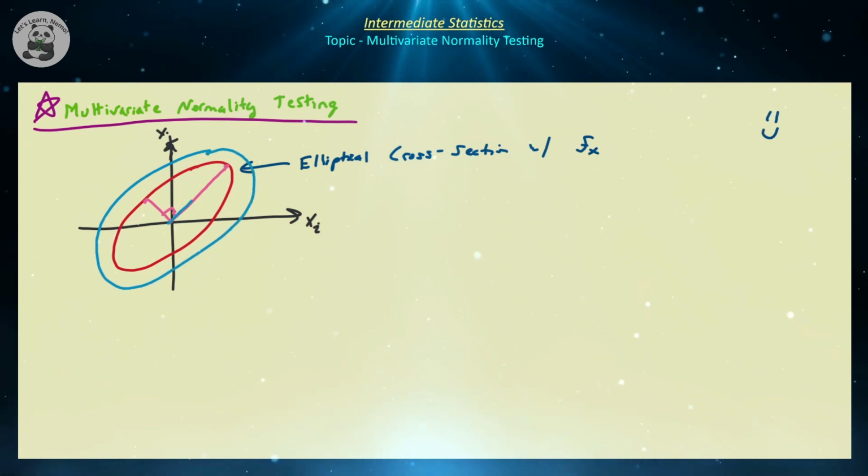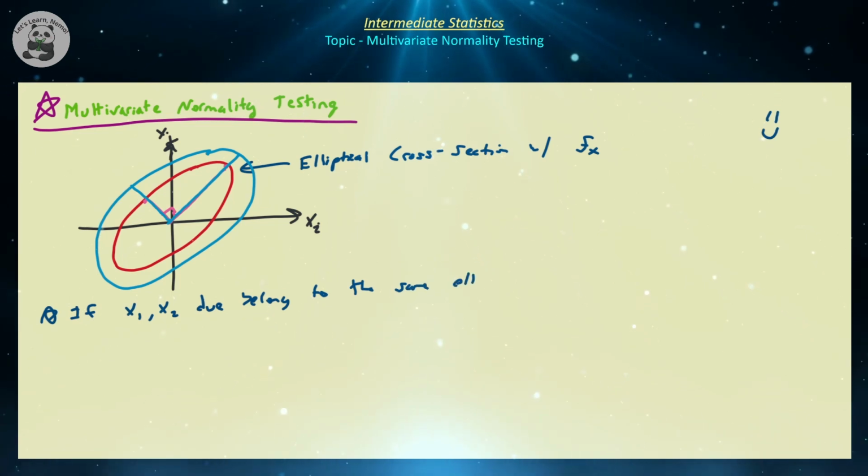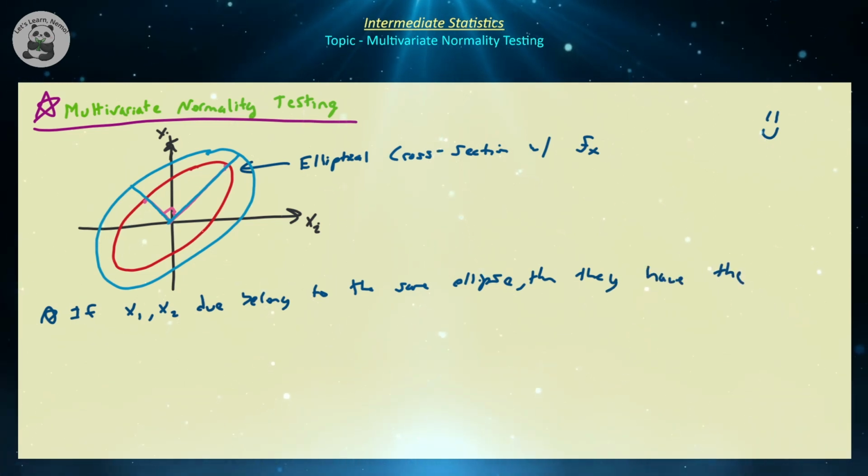It's still going to have the same exact eigenvectors, just scaled by some chi value, because if our x1 and x2 do belong to the same ellipse, then they have the same what? The same z-score.